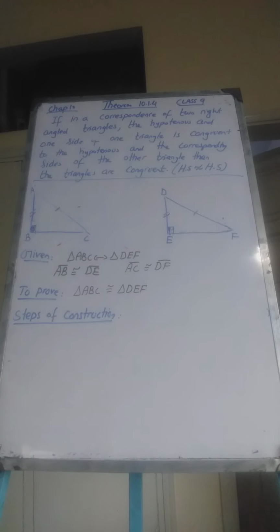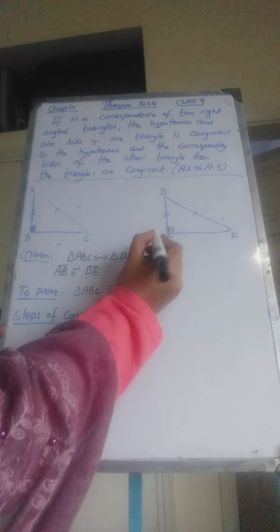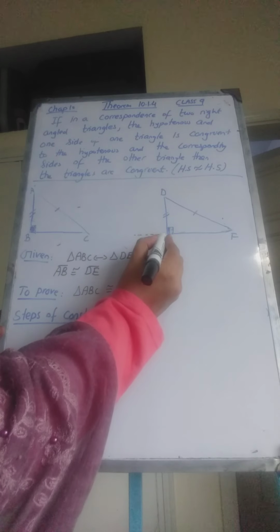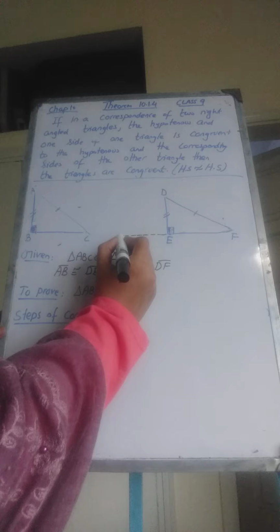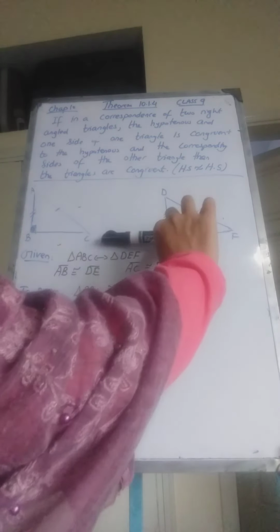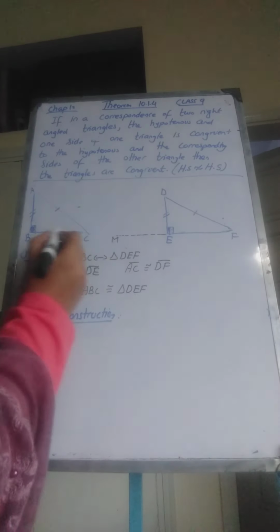Now to prove our theorem, we need to do a few steps of construction. What we are going to do is that we are going to extend the line EF to a point M, such that this length ME is congruent to BC.